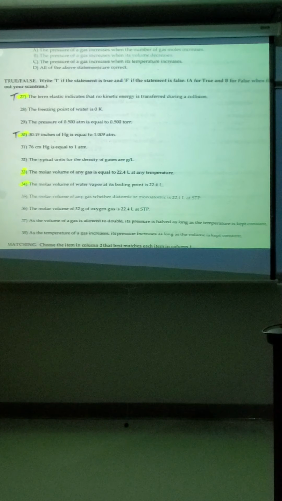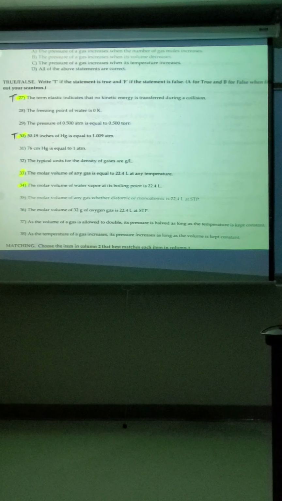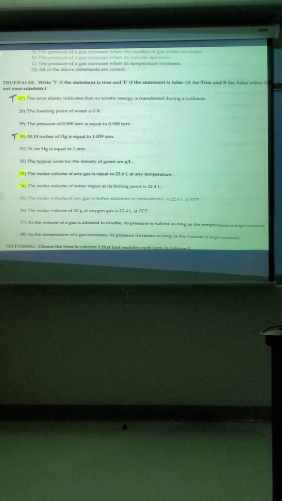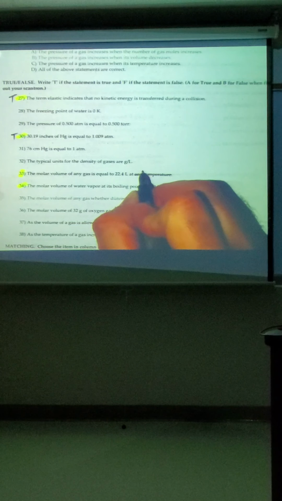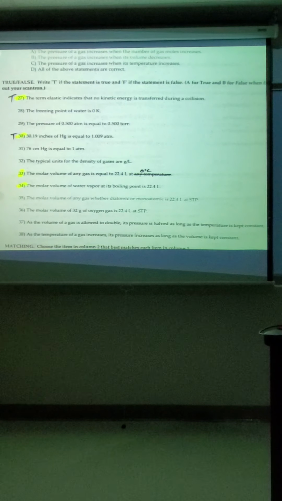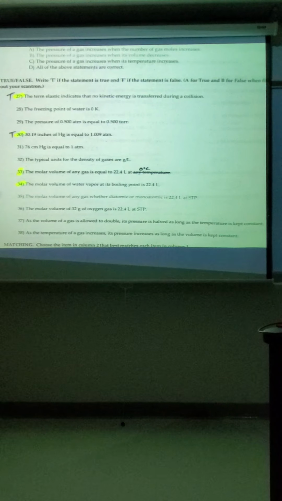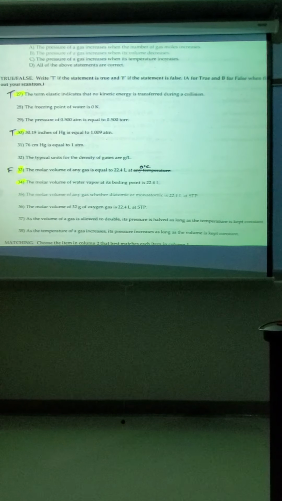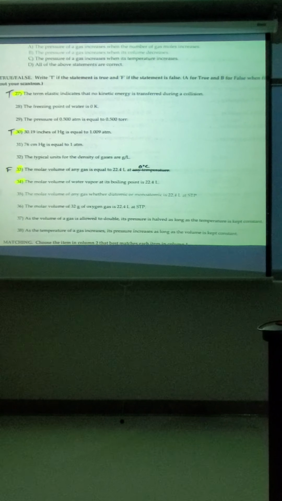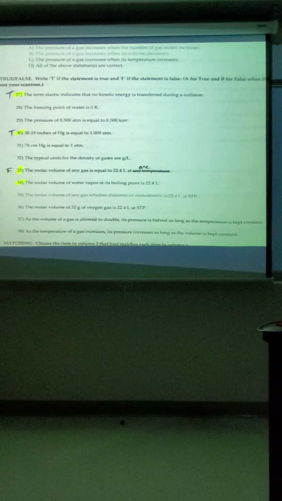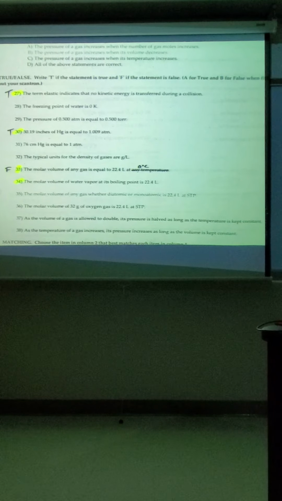33 says molar volume of any gas is equal to 22.4 at any temperature. Well, that's the problem. It's not at any temperature. It's at 0 degrees only, or 273 Kelvin, which is the same thing. So as soon as they said any temperature, it became false. Molar volume of water vapor at its boiling point is 22.4 liters.